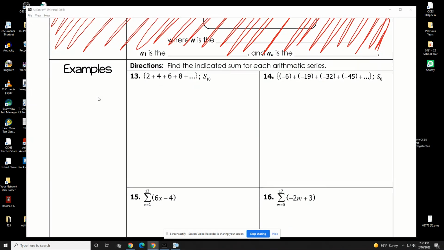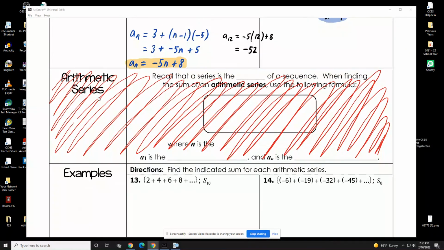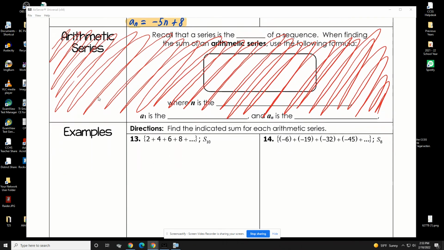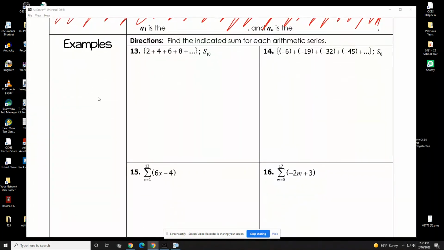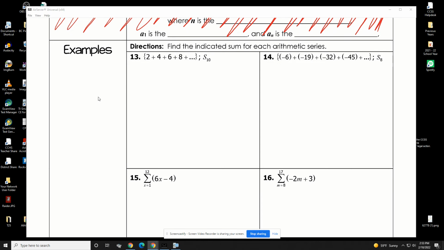You see, with this whole concept of arithmetic series, that's the same thing that we talked about yesterday. Remember, how do we find the sum, for example, through the 10th term? Well, instead of me coming up with another formula that would allow me to do S sub 10 with an arithmetic sequence, what I want to do instead is summation for all the terms from where to where, guys?